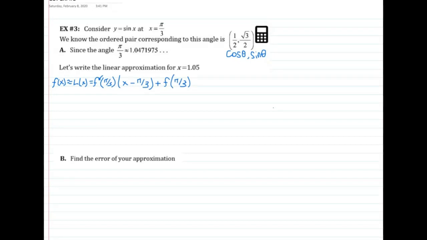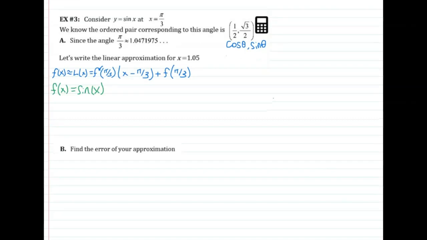Let's start with the function that we were given. F of x equals sine x, so f of pi over 3 is equal to sine pi over 3. And from our ordered pair on the unit circle, we have that sine pi over 3 is equal to radical 3 over 2. Next, we find the derivative of sine.